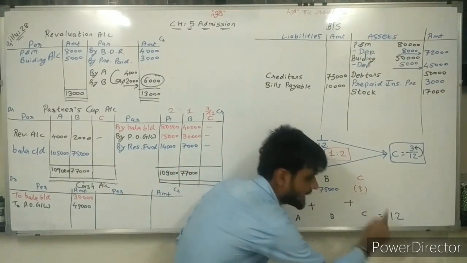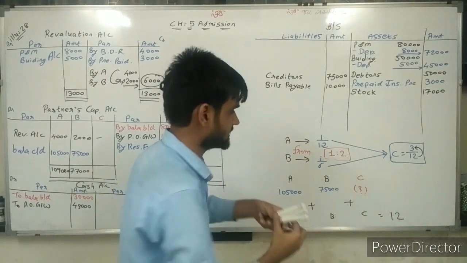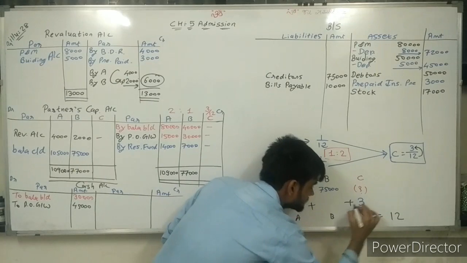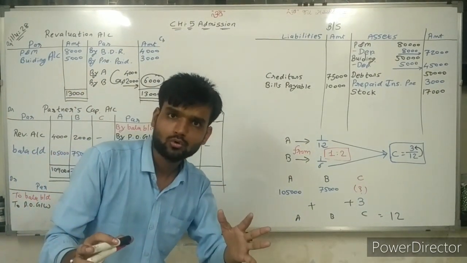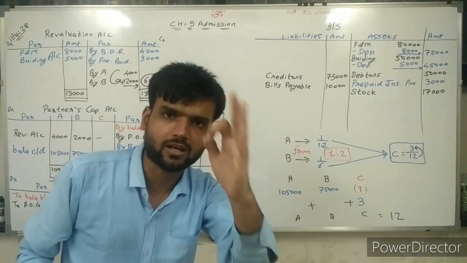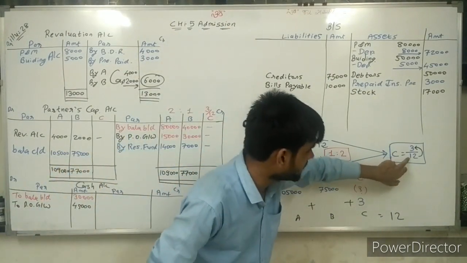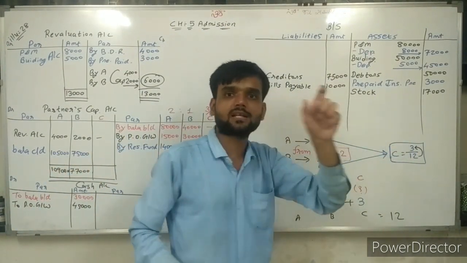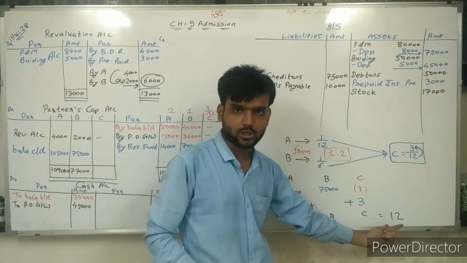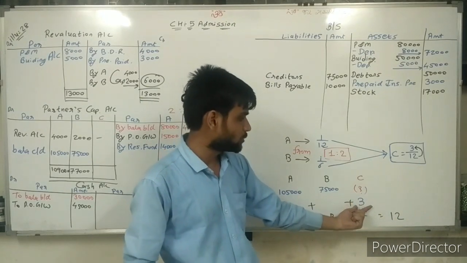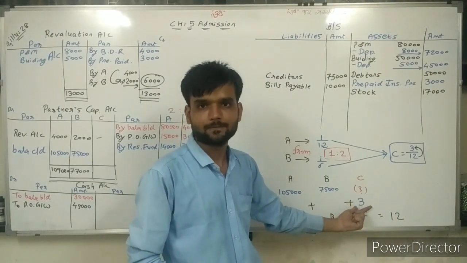And from this 12, 3 is of C. Yes or no? I think everybody can understand easily. So if 12 is the total, from this 12, 3 is the portion of C.